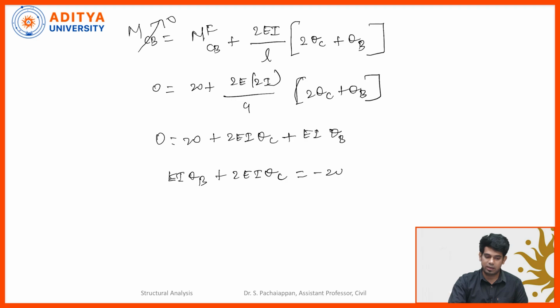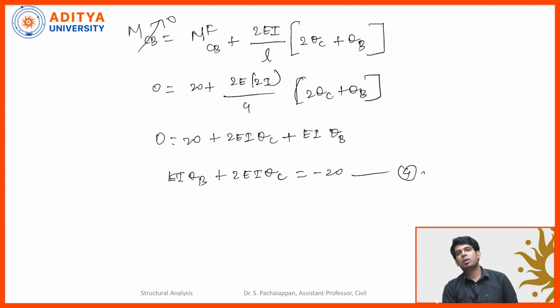So this is our fourth equation. So far we never got any values because two unknowns are there. We now apply the boundary condition to get the values.